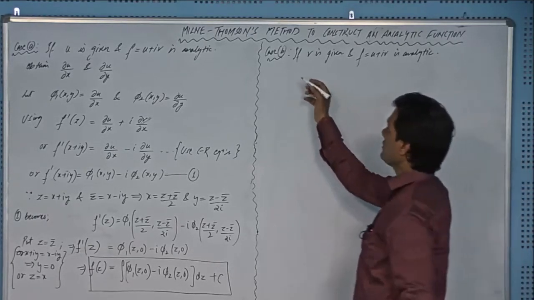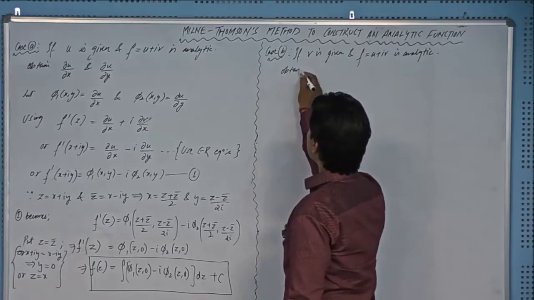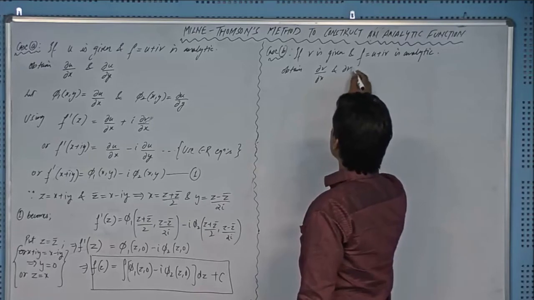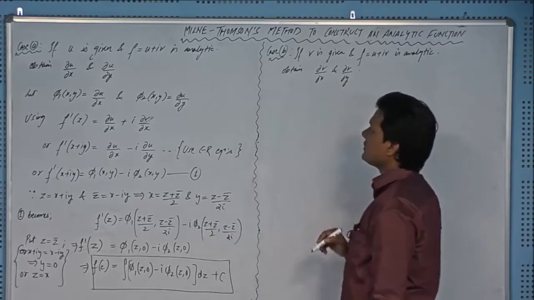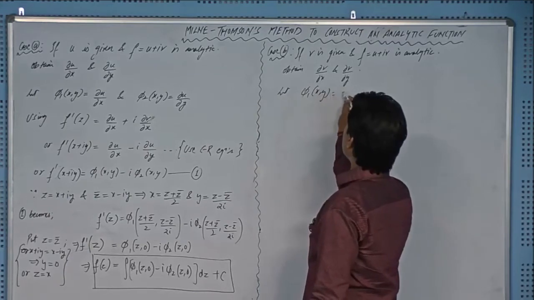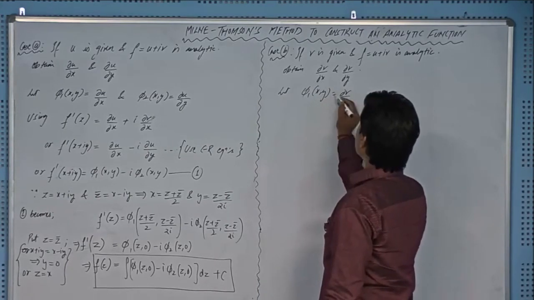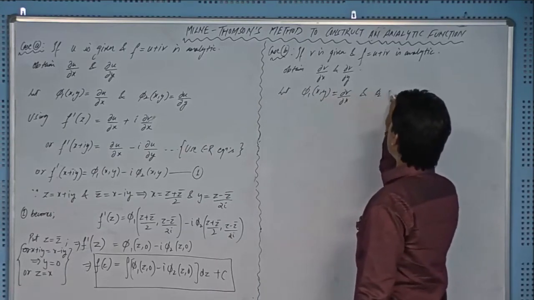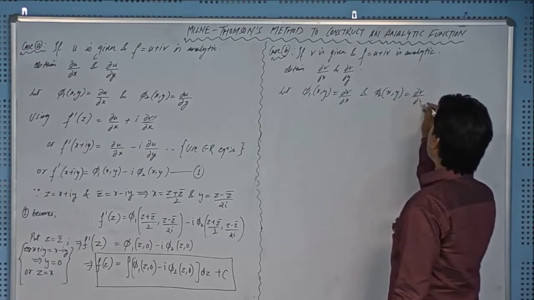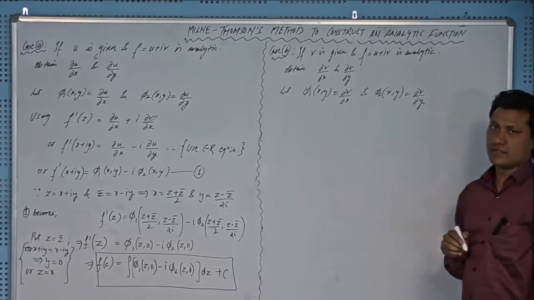So proceeding similarly, we will first obtain del v over del x and del v over del y, right? Then let phi 1 x comma y equal to del v over del x and phi 2 x comma y equal to del v over del y, as we did in that case, right?